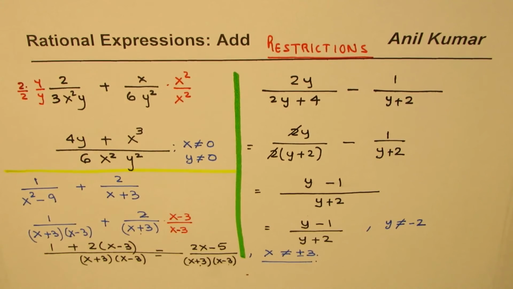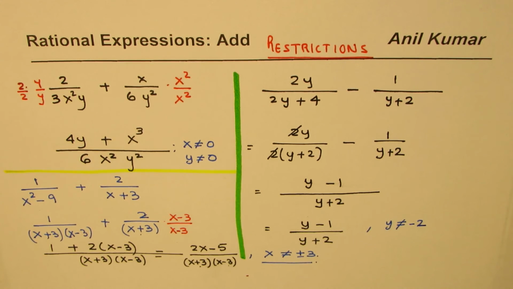Okay. So it is important to note that whenever we are performing operations on rational expressions, we have to clearly look into their restrictions as we did here, and then to add or subtract rational expressions, we should have common denominator.